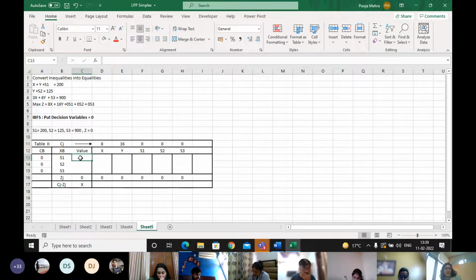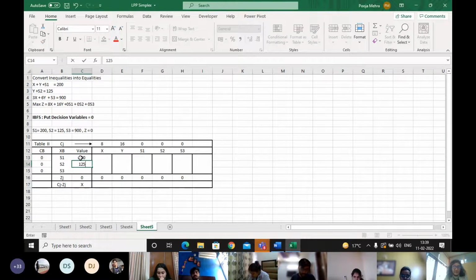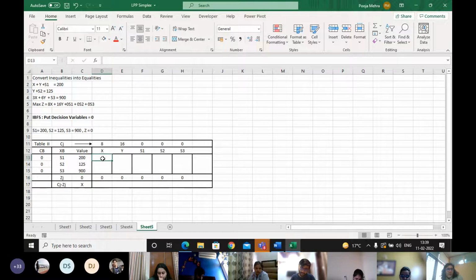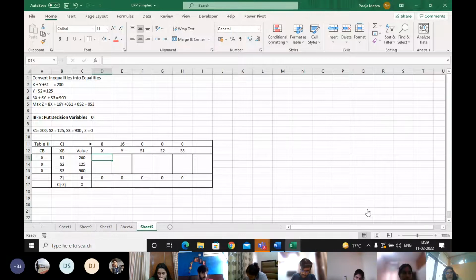Let's see, how will we write the first row? Hurry up. In the first row, what is the value? What is the coefficient of X, Y, and others? Aditya, please tell me. Ma'am, 2. Why 2?